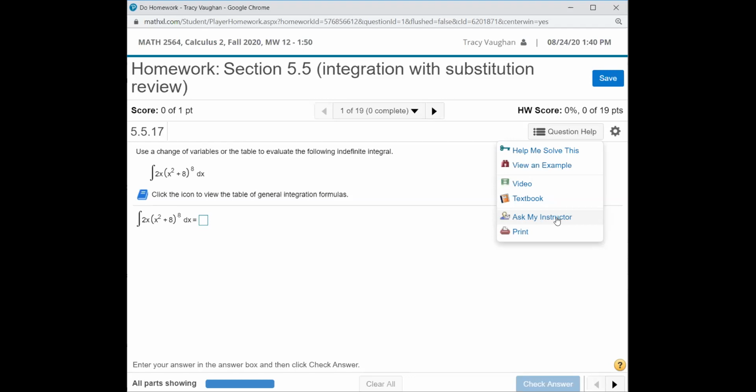Also, anytime you're stuck on a problem or you're getting it wrong, but you think you've got some idea of what's going on, if you will send me a picture via email of what you've done thus far, I can see what your work was and see maybe where it went wrong or try to get you back on the right path. So that's usually a pretty helpful and quick way for us to get some collaboration done. You can, as I mentioned, we can have office hours anytime after this class.